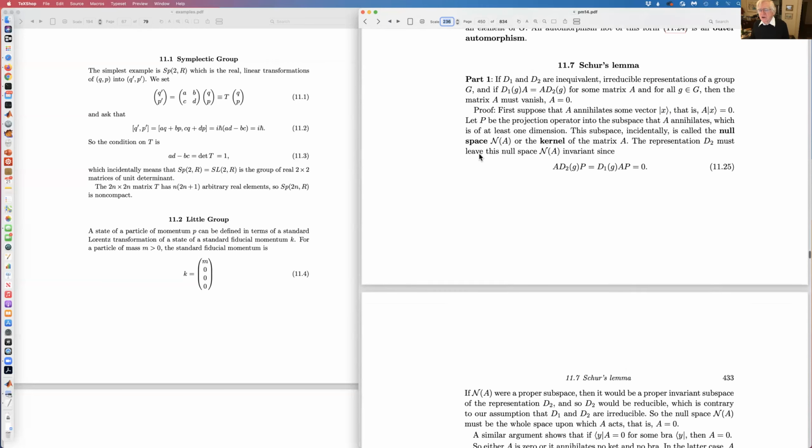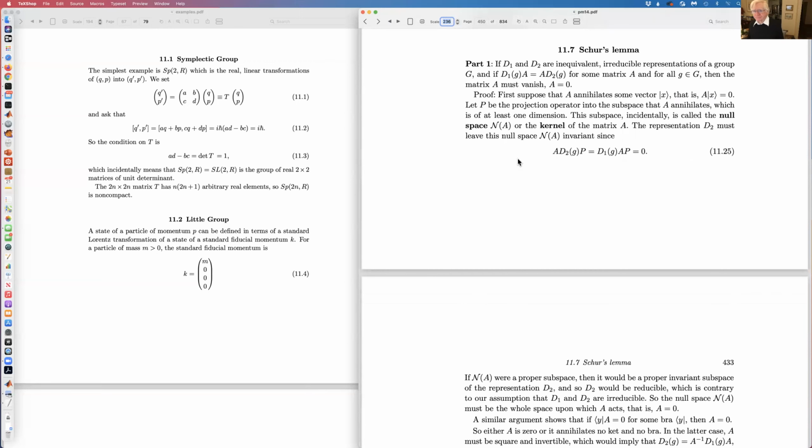Let me come to Schur's lemma, and of course, you can be sure of Schur's lemma. So suppose D1 and D2 are two inequivalent, irreducible representations of a group G. And also suppose D1(G) times some matrix A is equal to A times D2(G) for all elements of the group.